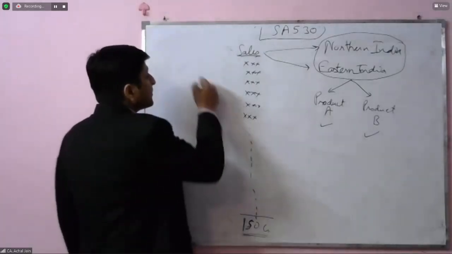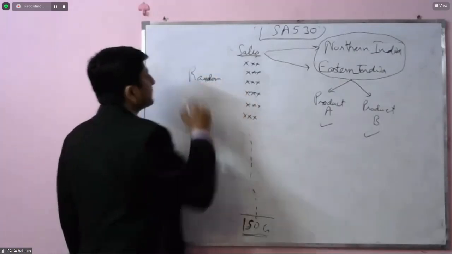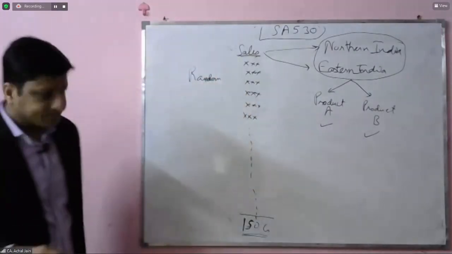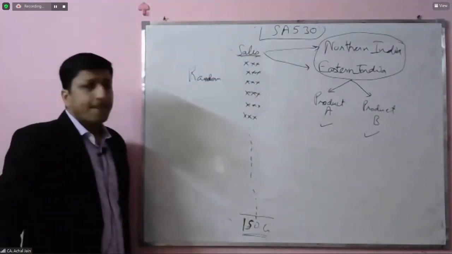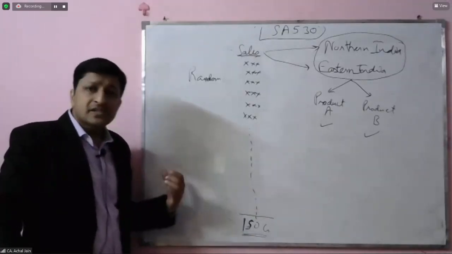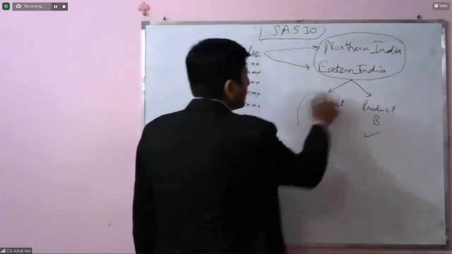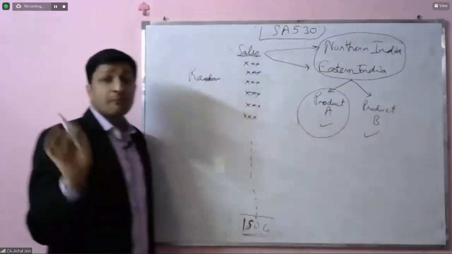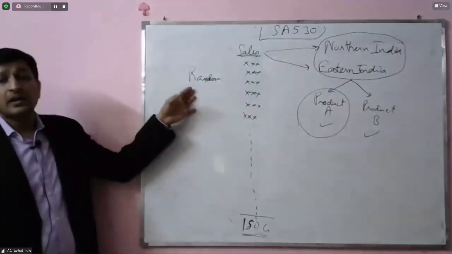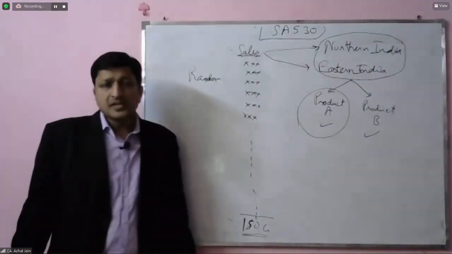Now, if the auditor would apply a random selection technique, or say any technique, what may happen is that all the samples which get picked up may be of product A, and there is no sample of product B if it's only random selection which has been done. Yes, it's a possibility.